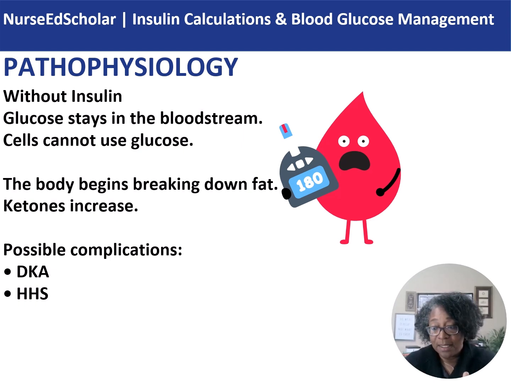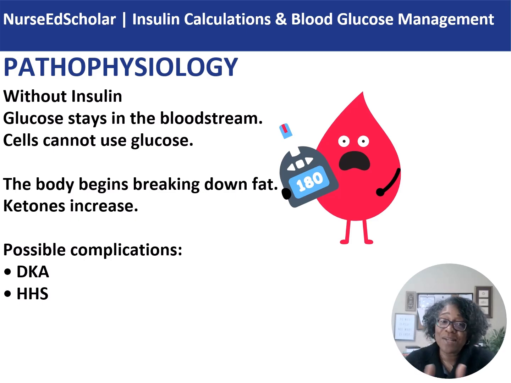Without insulin, the glucose is going to stay in the bloodstream. And what happens is that the cells are going to starve because they can't use the glucose. And then the body's going to say, I need energy from somewhere. And so the body is going to break down the fat to try to come up with some energy. But with that, ketones are going to develop.